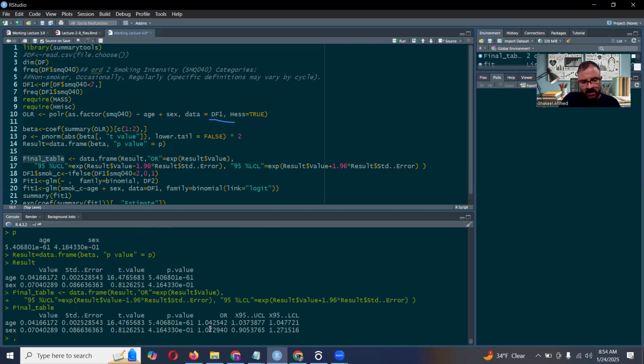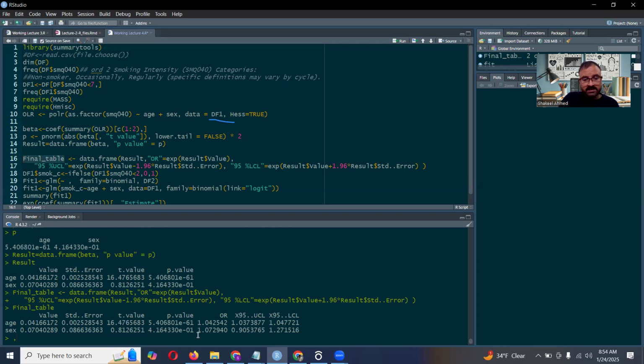Basically, we are comparing a higher category versus a lower category. The probability of Y greater than 1 means the probability of belonging to a higher category versus the probability of belonging to a lower category. These odds are increasing by 4%, and these are the confidence intervals.